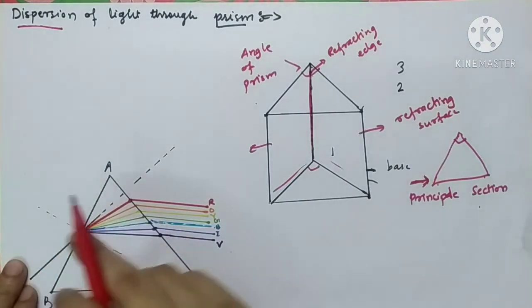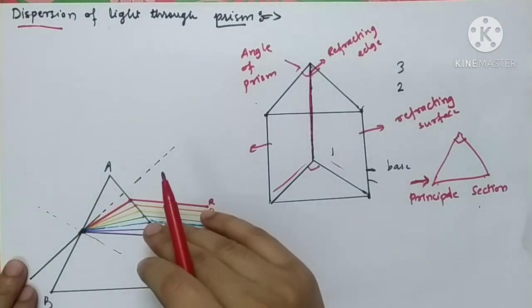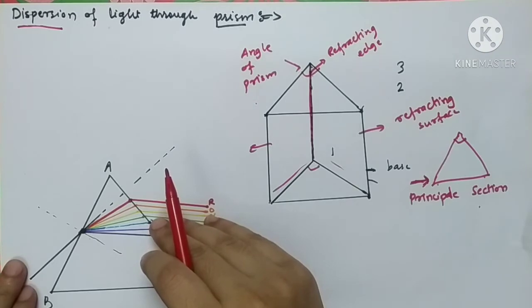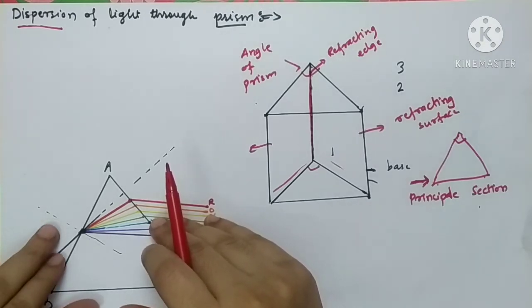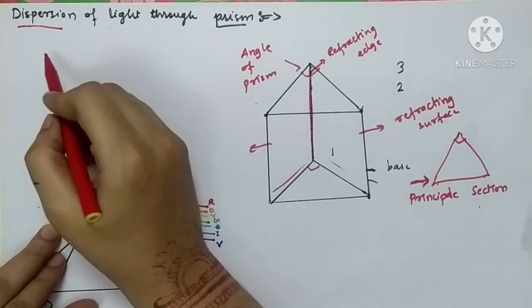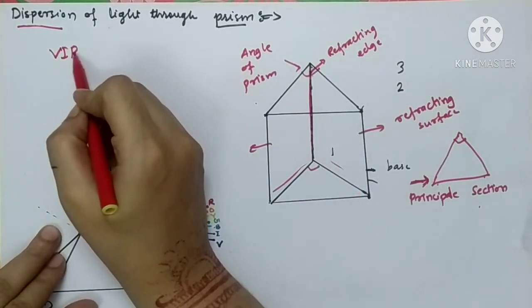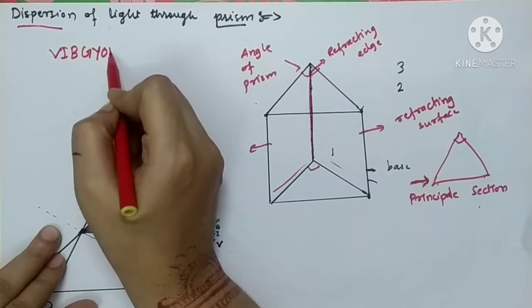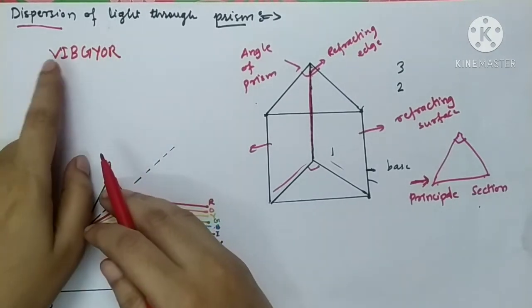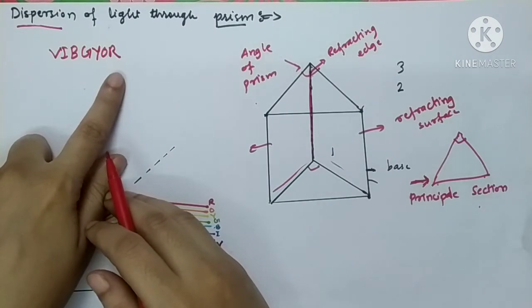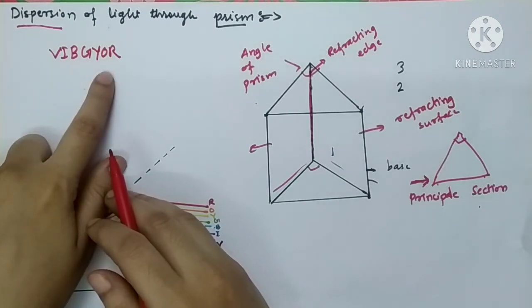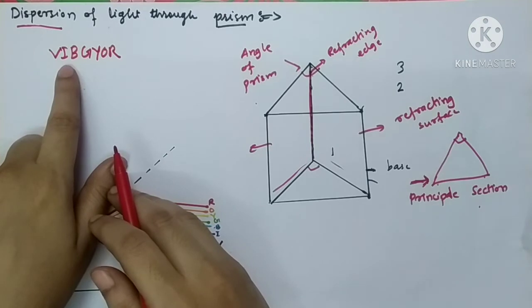We all know that white light that we are getting from the sun is a combination of 7 visible colors, and these visible rays are of 7 different wavelengths. You might have heard about the word VIBGYOR: violet, indigo, blue, green, yellow, orange and red. This is the visible part of the electromagnetic spectrum that we are getting from the sun.